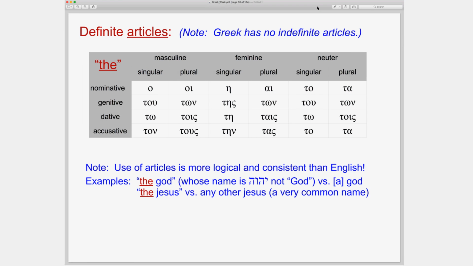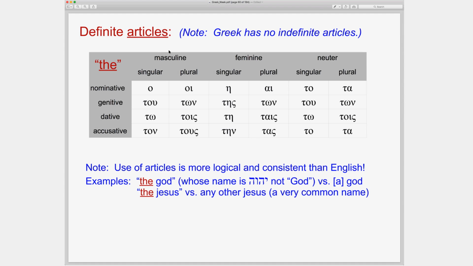Definite articles. We touched upon this, and I want to describe it more. Here's the article the. We don't have any indefinite articles in the Greek. We only have the definite article. So now you can see a grid, a table, of the definite article, the.